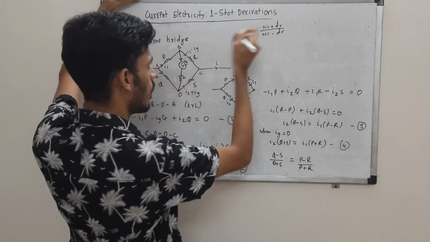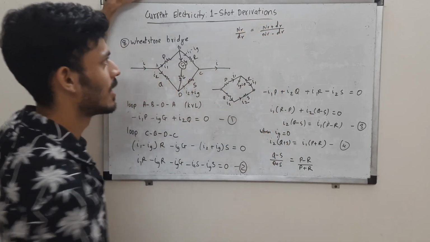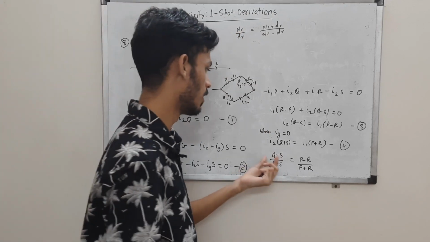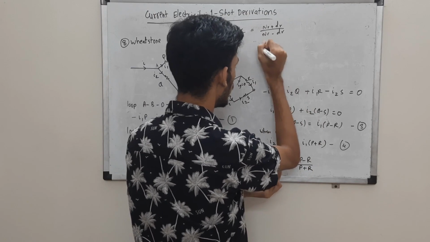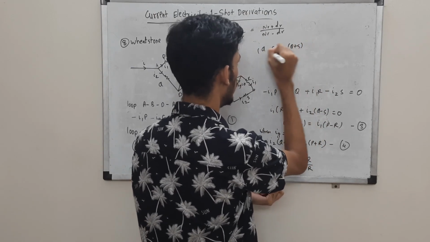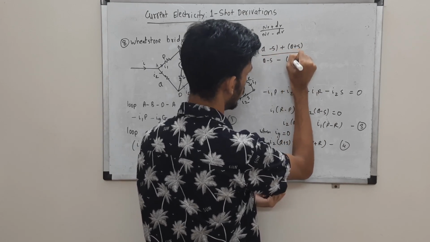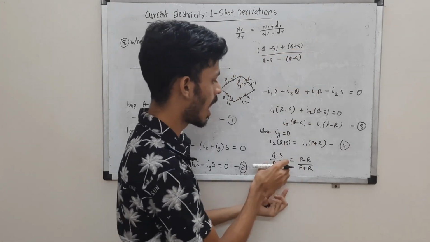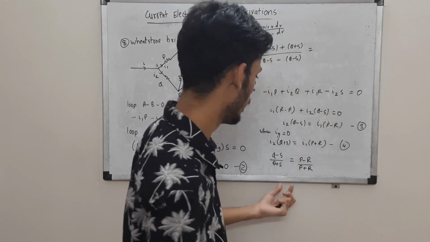This is the same fraction as numerator upon denominator. If you didn't understand, basically we have numerator plus denominator and numerator minus denominator. This is the same as this. It's no change, it's by the componendo and dividendo rule.